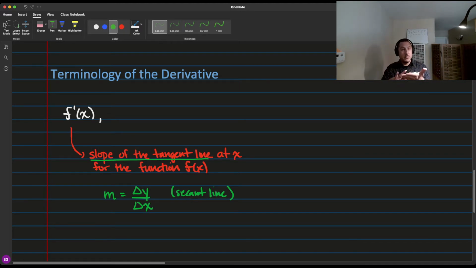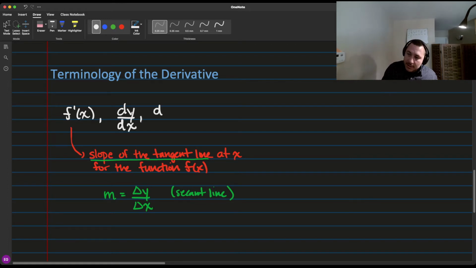Remember how we took the limit of the slope of the secant line to get the slope of the tangent line? So there's another way to write that you're taking the derivative, and it's supposed to look like the formula for slope. It's dy over dx, or df over dx.